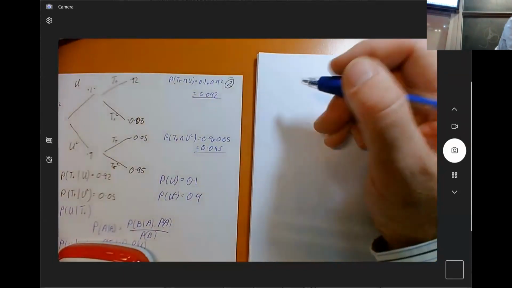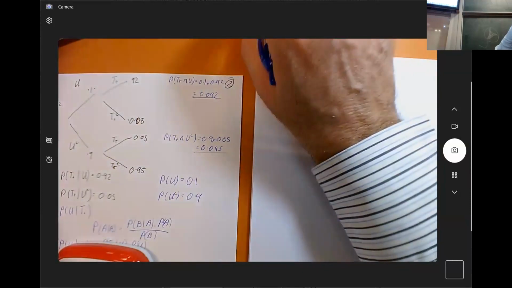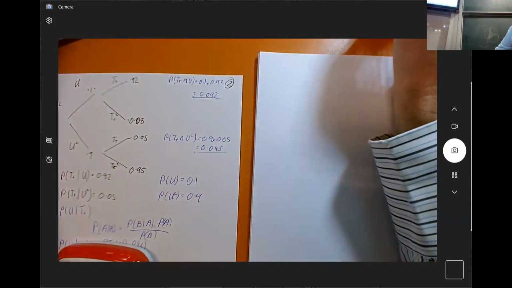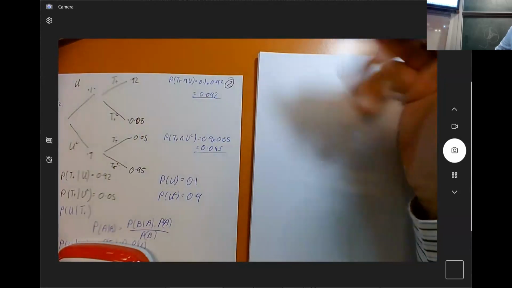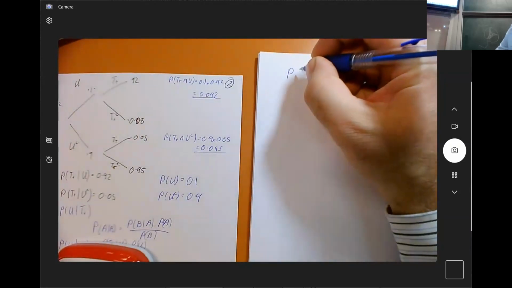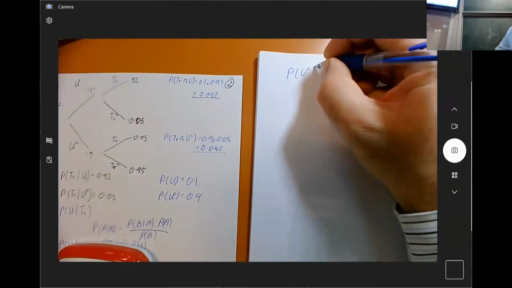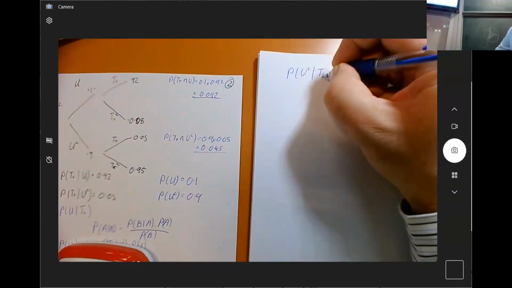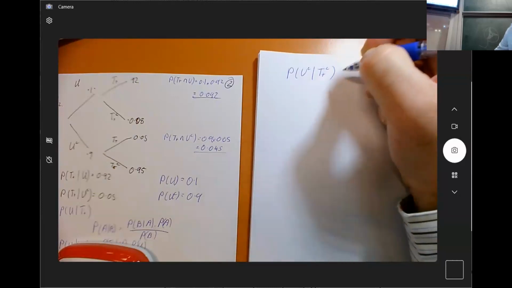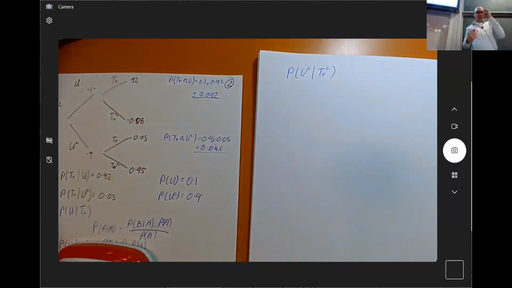So in the same way, we want to know the probability of not using, given they haven't tested positive. It's good to get you to stick with condition, complement of condition for this sort of thing.